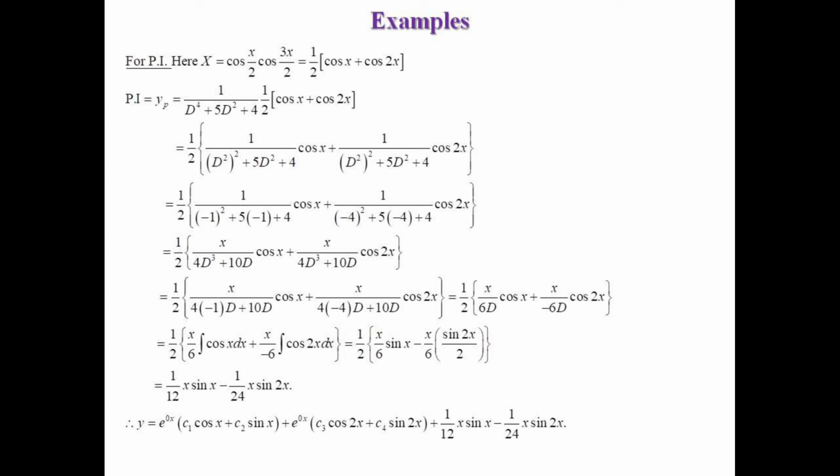So then the particular integral is 1 upon f of D, which is 1 upon D raised to 4 plus 5D square plus 4, into the value of capital X, 1 upon 2 [cos x plus cos of 2x].